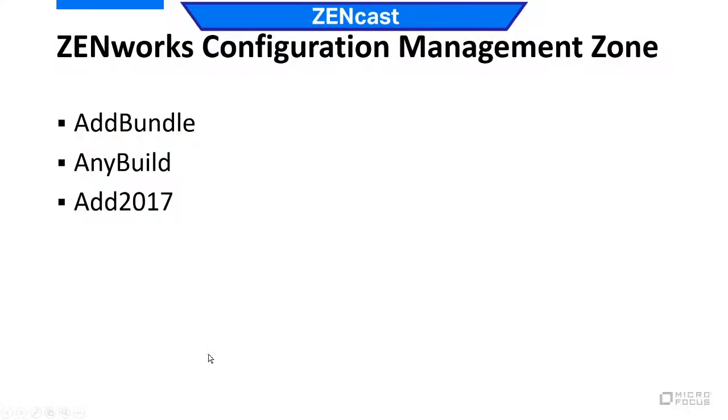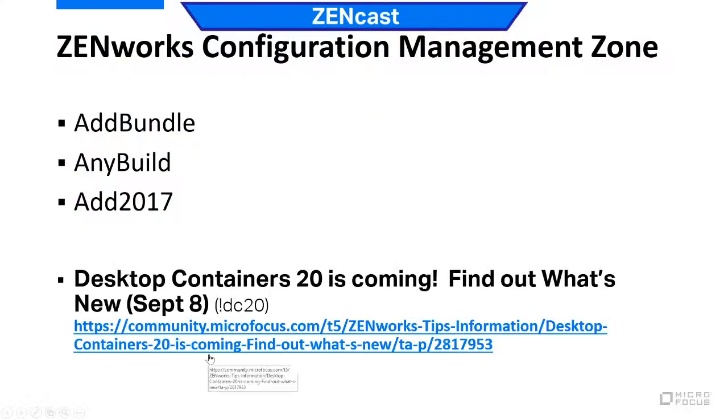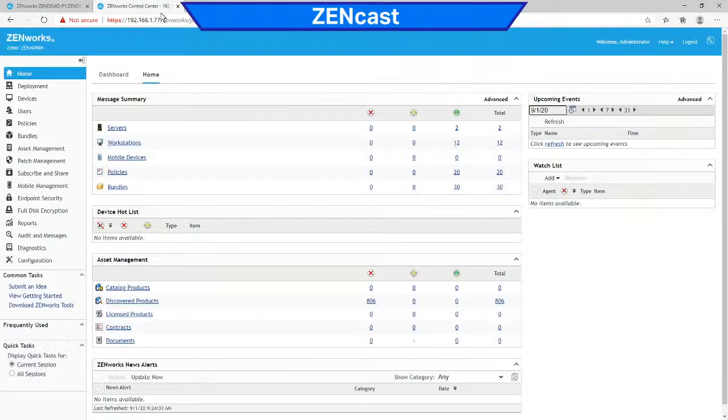Yep. So we did the add build ZENworks configuration. We saw the zone, how it started building it up. I don't know that we went back into it. Let me go back here. So we have some obvious workstations here.